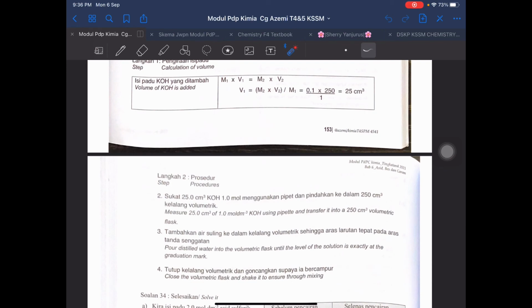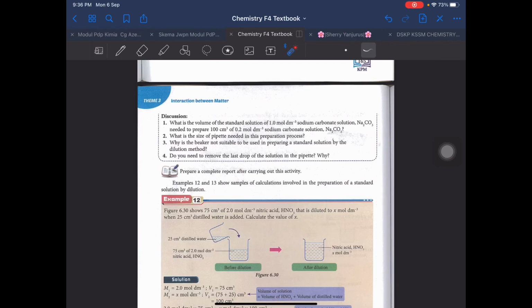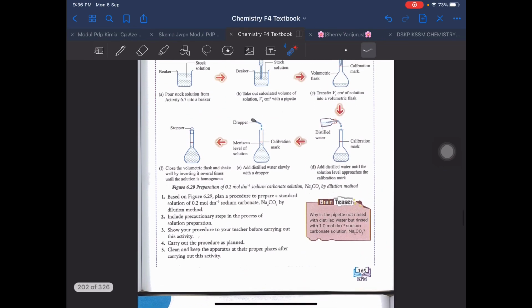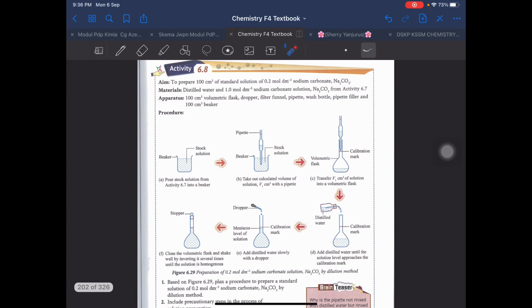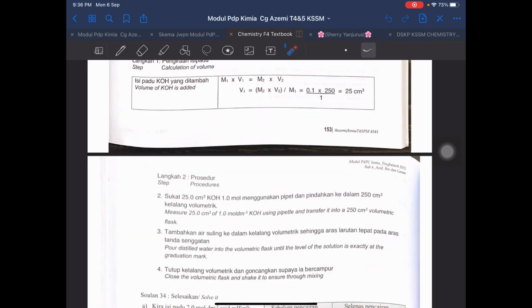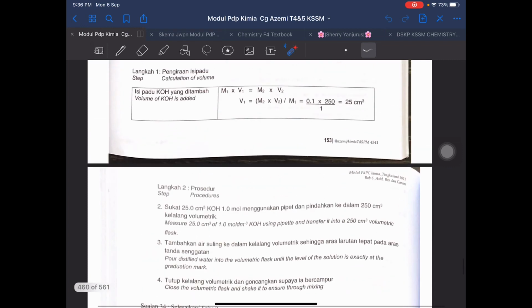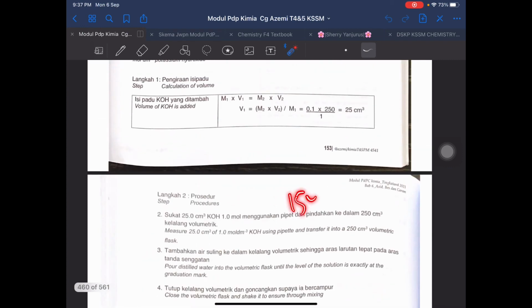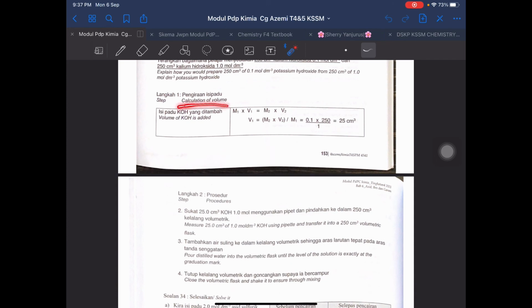Okay, as I have told you just now, you need to complete this experiment, the lab report for this activity also. Okay, and as you see, the textbook is not giving you any procedure, but you can use Cikgu Azmi's book in page 154. Look at these two steps. Step number 1, calculation.